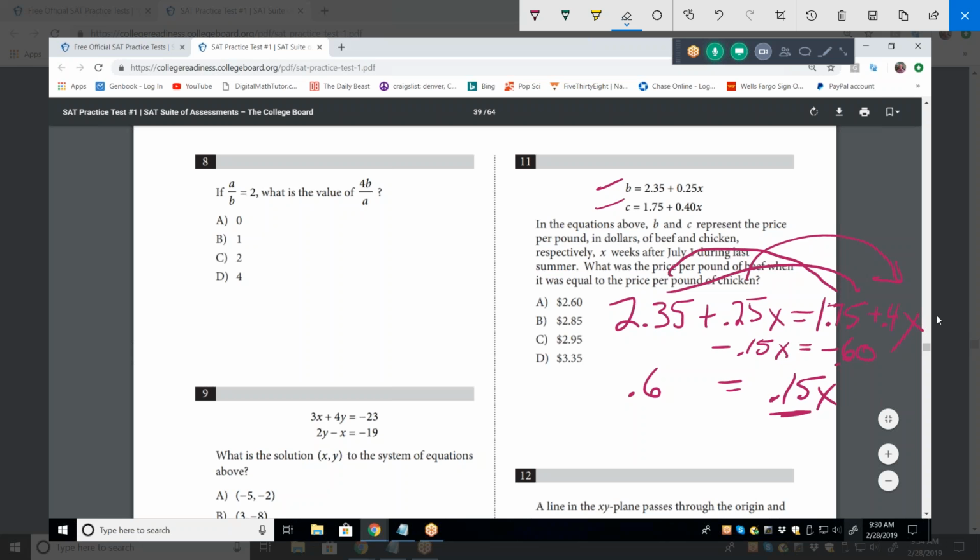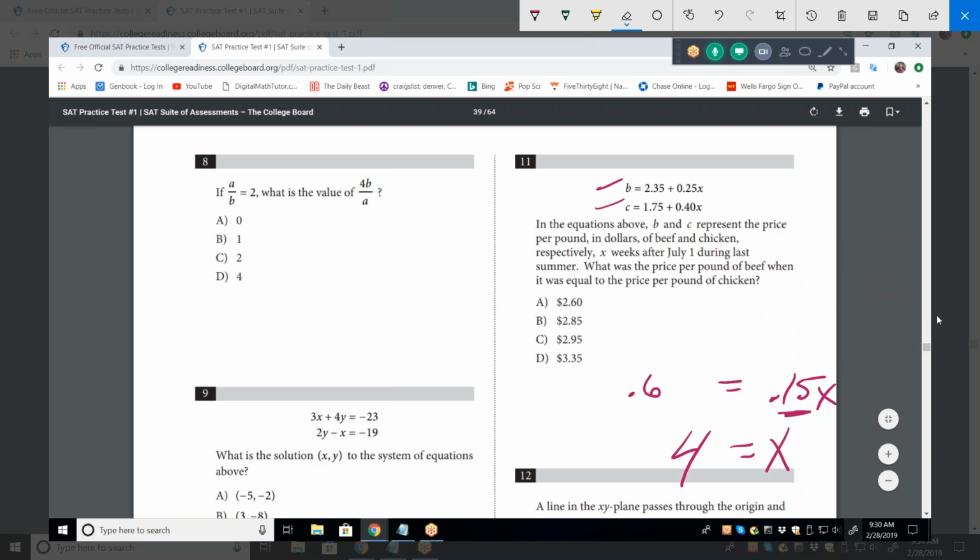Okay. Now, if we solve this, we get x equals 4. But that's not an answer here. So what do we have to do? What was the price per pound when it was equal? What was the price per pound of beef?